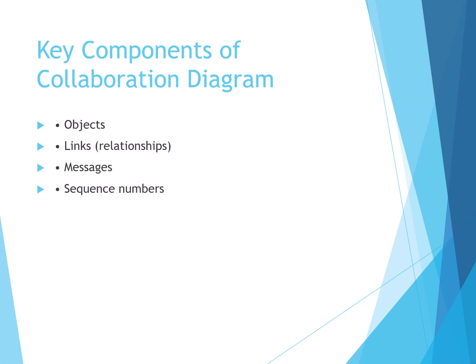Now let us see the key components of a collaboration diagram. A collaboration diagram has objects, links, messages and sequence numbers. There are no lifelines here, only relationships. Think of it like a map showing who talks to whom, with arrows showing the direction of communication. Got it?